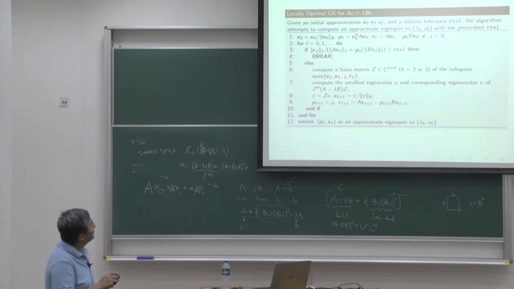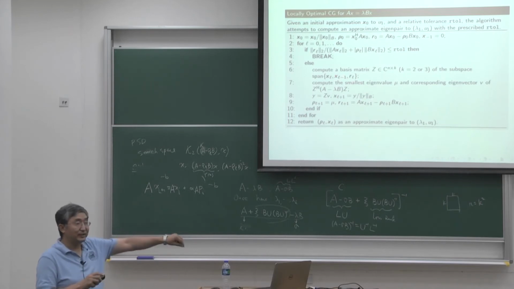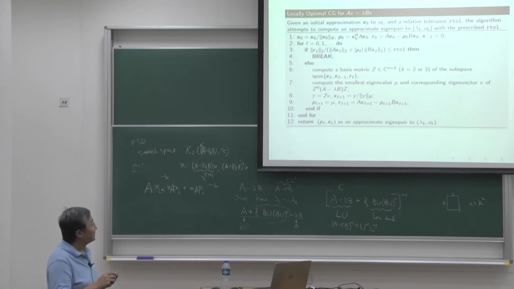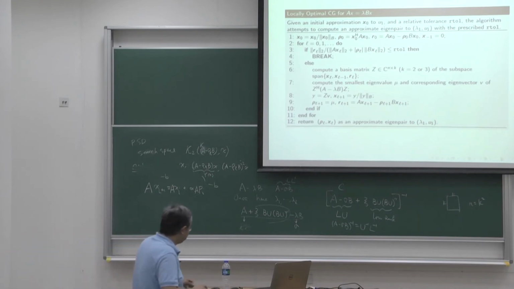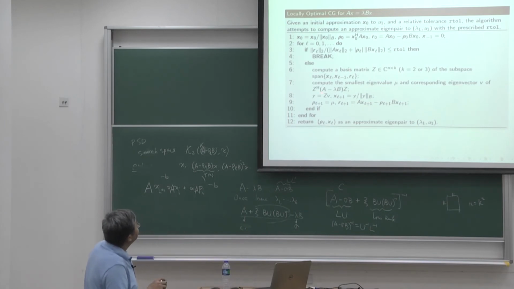Here it is usually dimension 3, because you put in the current vector, the previous vector, and the current residual direction. That's all there is to it. So your projected problem is either 2 by 2, in the first iteration, or 3 by 3.